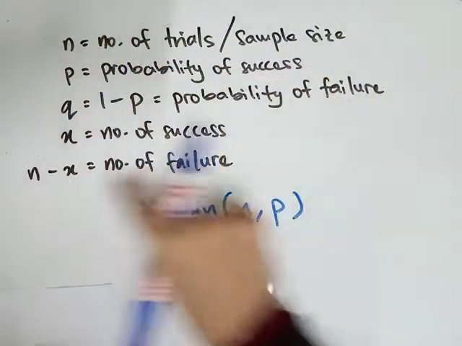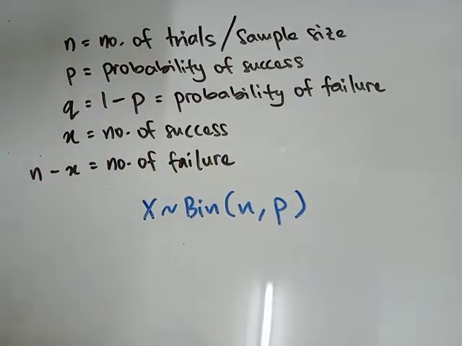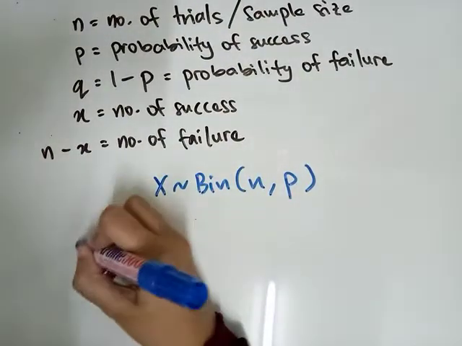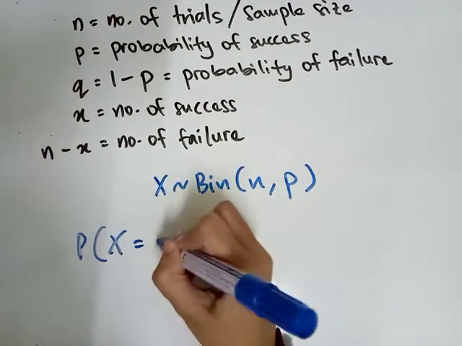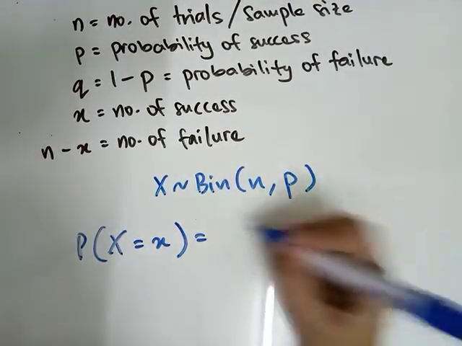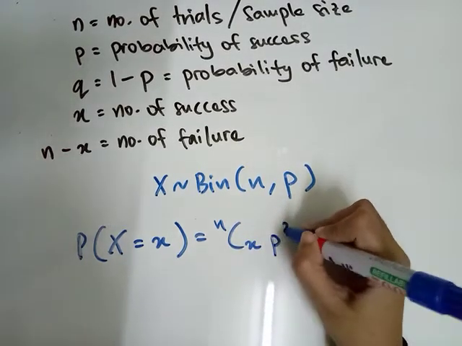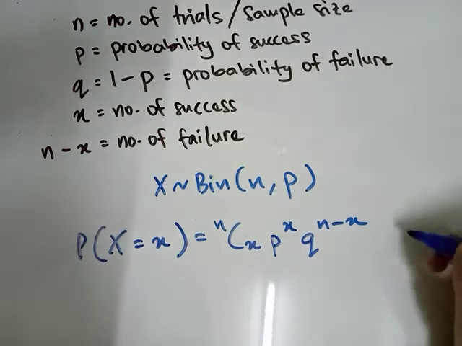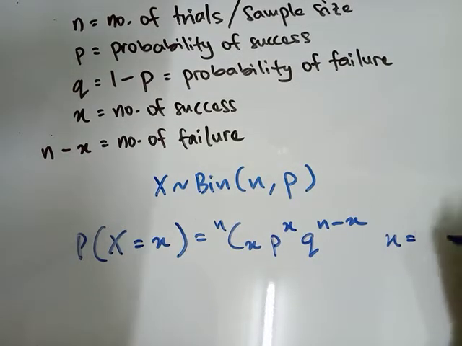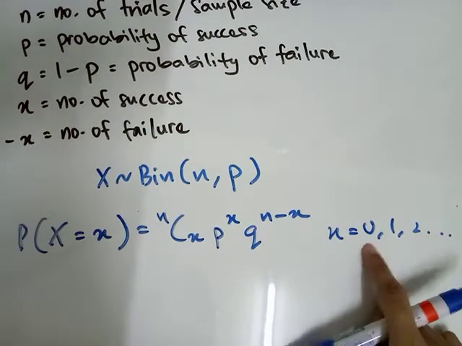So from this symbol, it can be written as the probability of random variable X equal to X, which is NCX times P power of X times Q power of N minus X, where X is equal to 0, 1, 2 and so on. Okay, what is X ni? 0, 1, 2, 3.